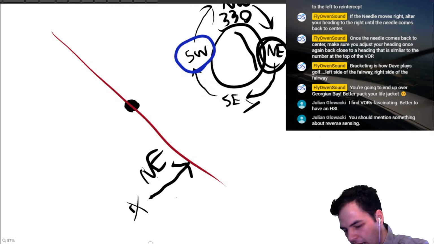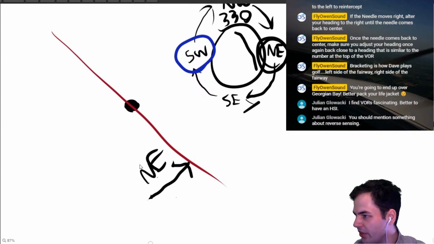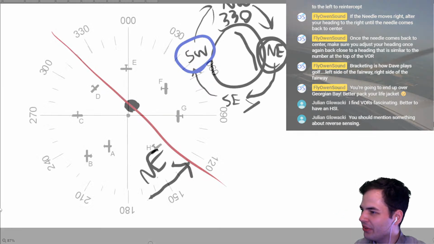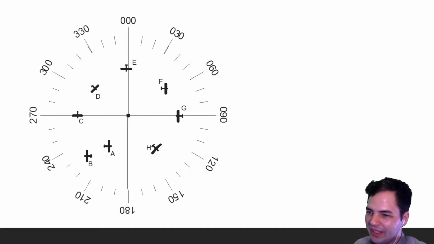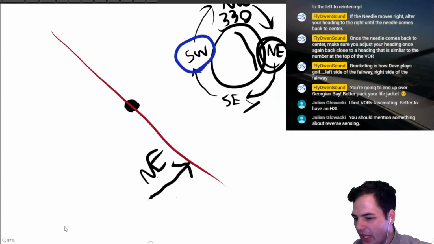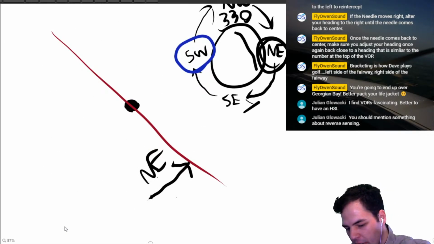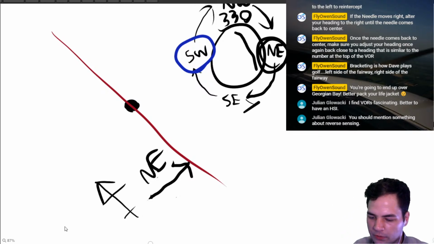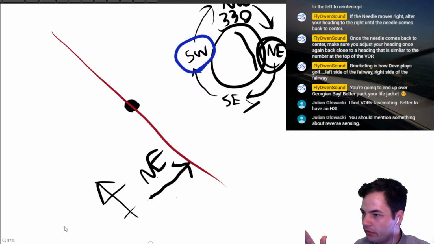After I figure out what I think the right answer is, then I ignore the crazy picture on the test that's going to confuse you and get you upside down backwards. But I visualize and write on my own little note paper, okay, if I was flying a heading of 330, which side is the radial on? The radial is on the right side in this case, so a right needle deflection.